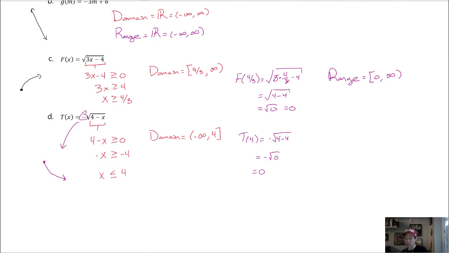As the x values for the domain get smaller and smaller to the left of 4, more and more negative, the inside of the square root becomes bigger and bigger, and the output of the square root also becomes bigger and bigger. And then when we negate those numbers, they become bigger and bigger negative numbers. So the range is all the numbers up to and including 0. We can get all of the y values that are less than or equal to 0 for the range.